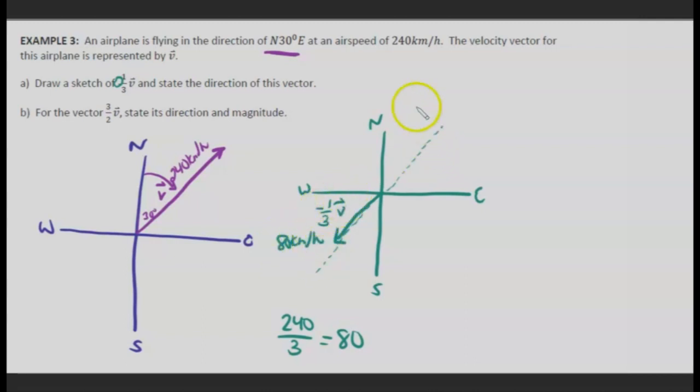Okay, and if you think about it, this angle here was 30. That means because of opposite angles, this angle here is also 30. Okay, so what we can quote is 80 kilometers per hour, and then we can quote the direction. So this is south 30 degrees west.